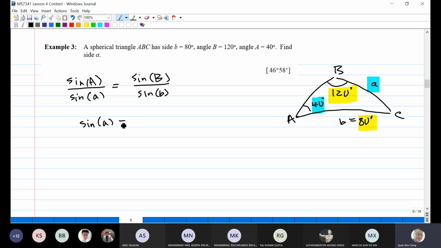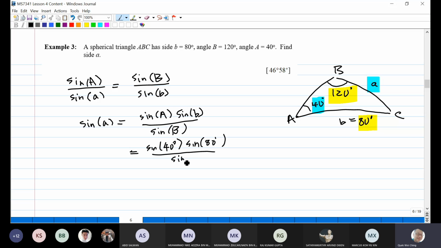After you rearrange, sine of side a is equal to sine of angle A times sine of side b over sine of angle B. Put in the values: angle A is 40 degrees, side b is 80 degrees, and angle B is 120 degrees.